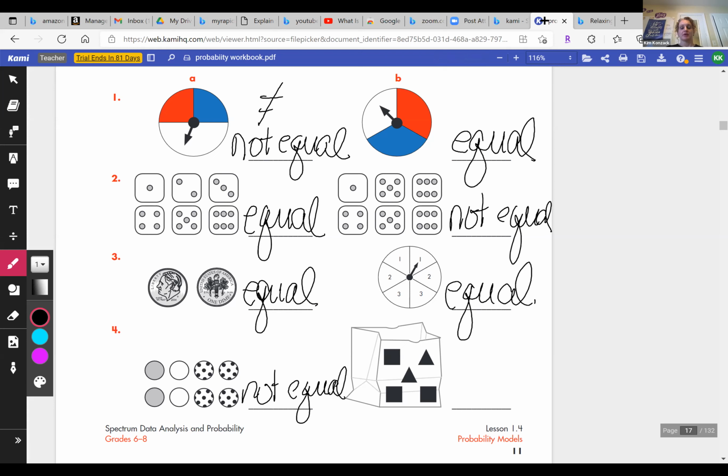Okay, and what about the last one here? It reminds me of a trick-or-treat bag, almost like a pumpkin face. But there's only 2 triangles and there are 3 squares. So if that's the case, it's not going to be equal. So not equal.